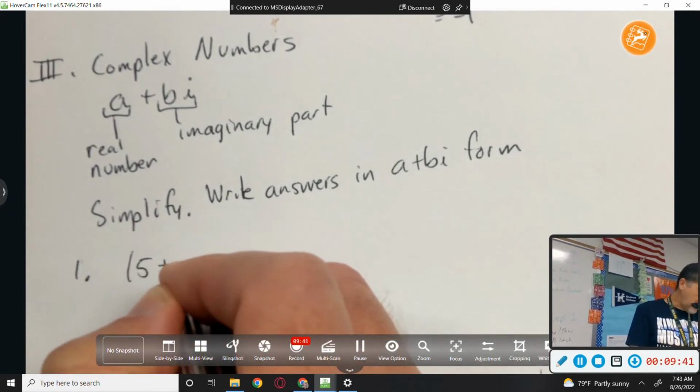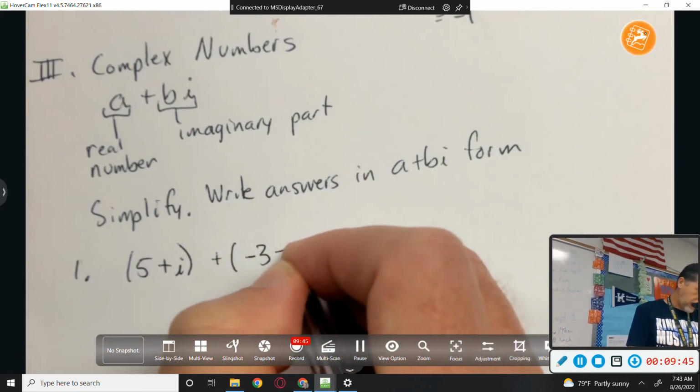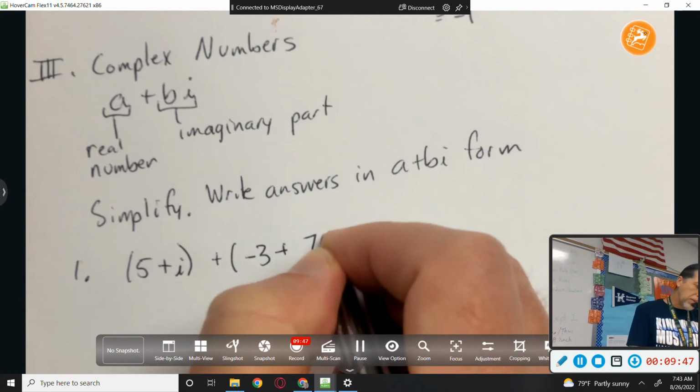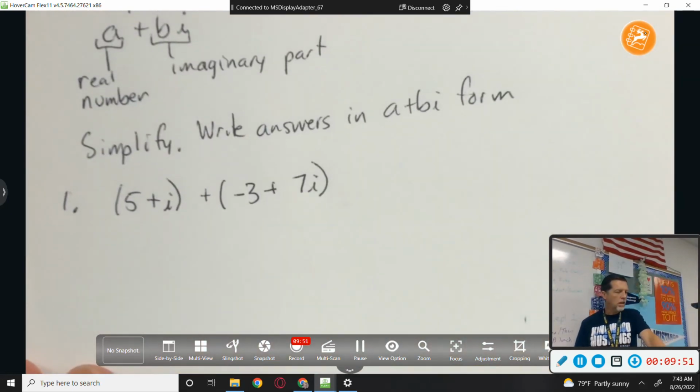So let's say we got 5 plus i plus negative 3 plus 7i. Well, it's sort of like adding x's or adding y's or adding any other variable. Be careful, i is not a variable, i is the square root of -1, but it works the same when it comes to adding things.